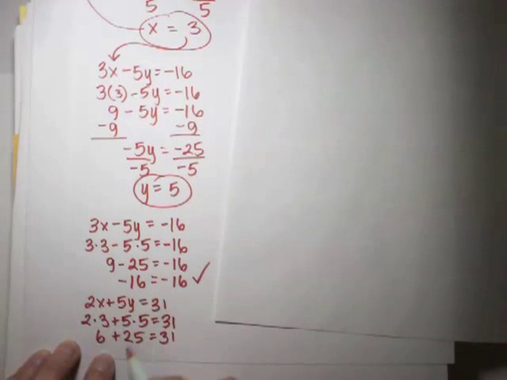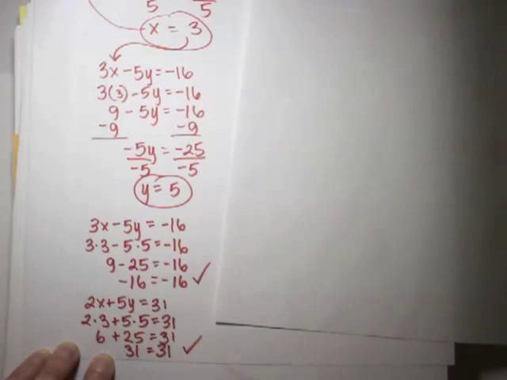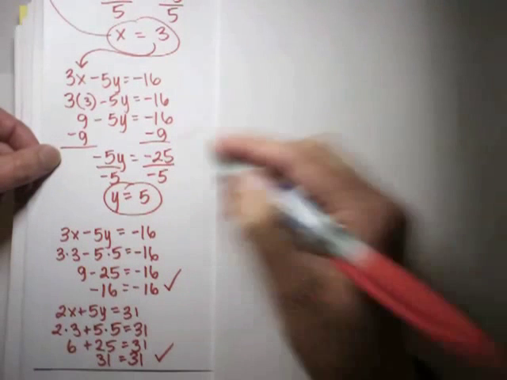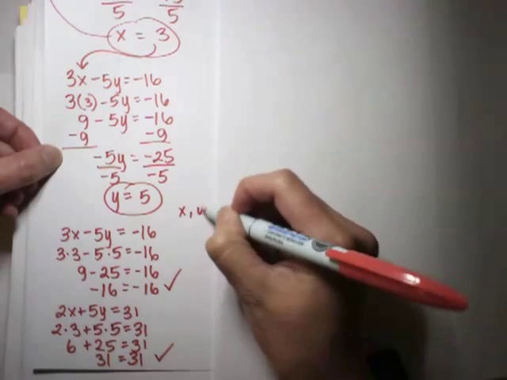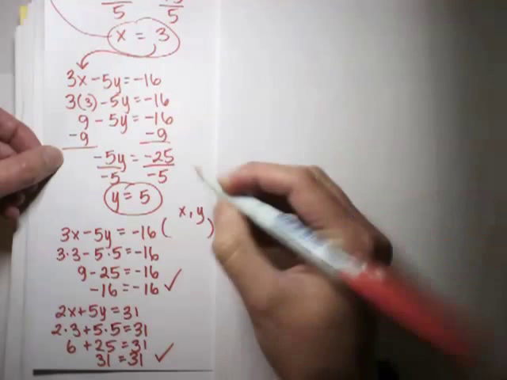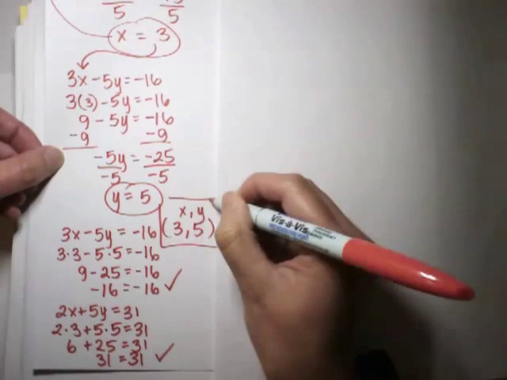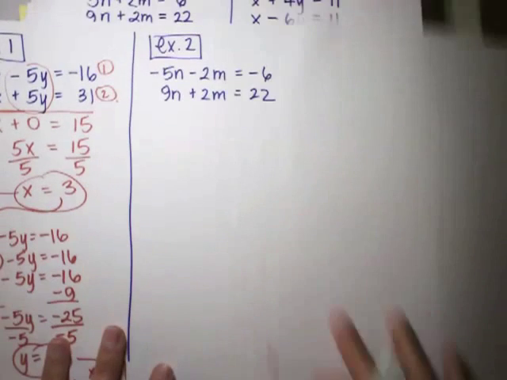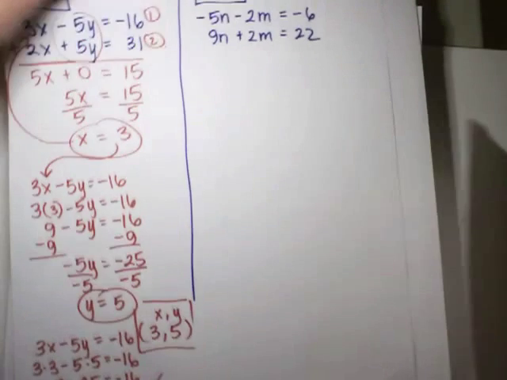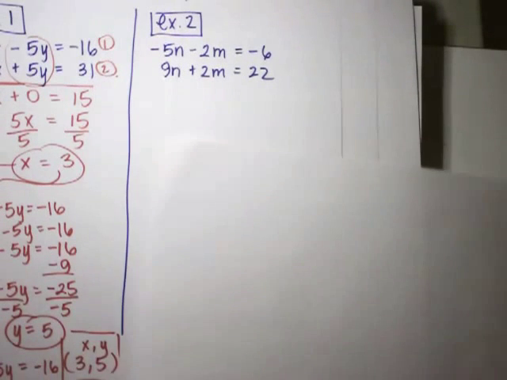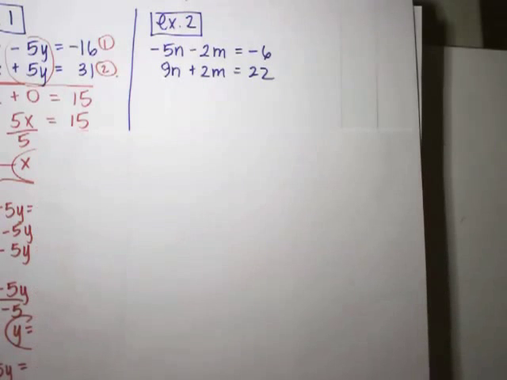And 6 plus 25 is 31. So that checks out. And then we can write our solution for x and y. It's (3, 5). Now, for a second example, why don't you try this on your own and bring it to class tomorrow and see how you did.